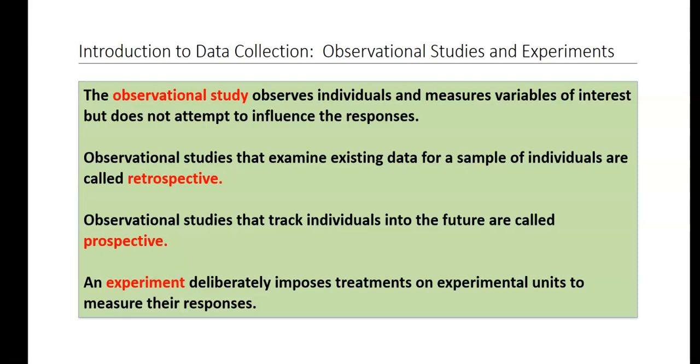An experiment deliberately imposes treatment. So there's some kind of drug you're giving people or a different kind of teaching method or a change in their diet that you're applying to the experimental units, or the people, and measuring their responses. So it has some kind of treatment to it.